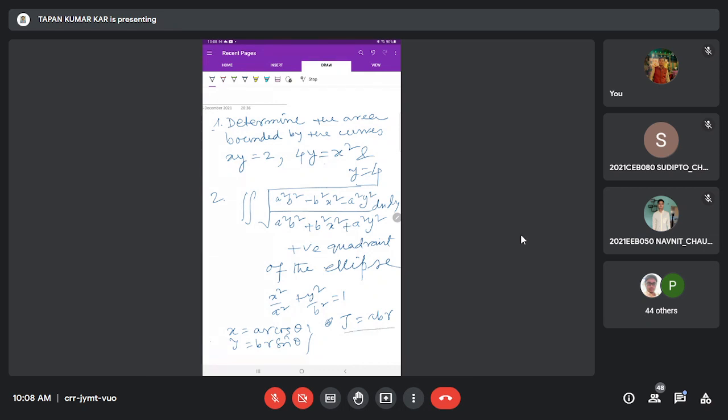If you give this transformation, then dx dy equal to a b r dr d theta, and then you can evaluate it as you know how to evaluate a one-dimensional integral, because r and theta are separated, both are independent integrals, and you evaluate independently for theta and for r.